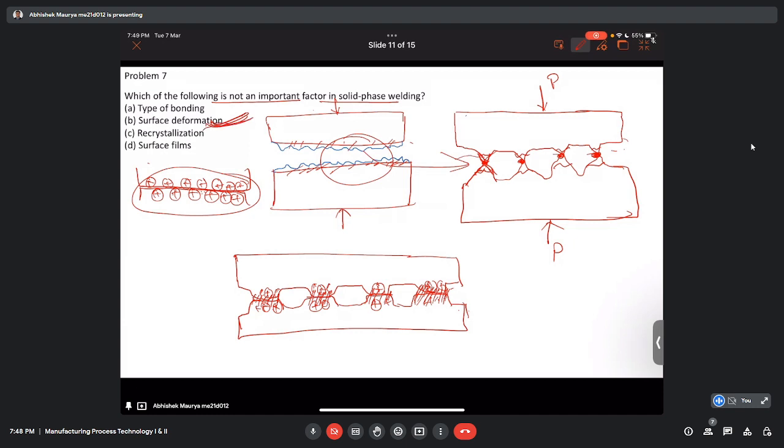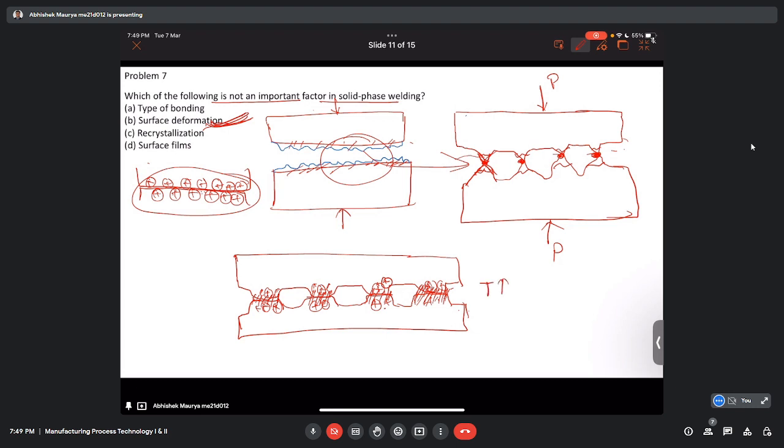At the same time, I also told you that if you want to increase the rate of diffusion, the rate of transfer of atoms from one material to another so that they become a single entity, then you have to increase the temperature.